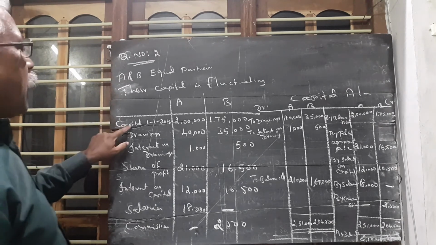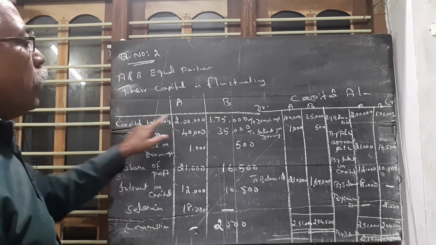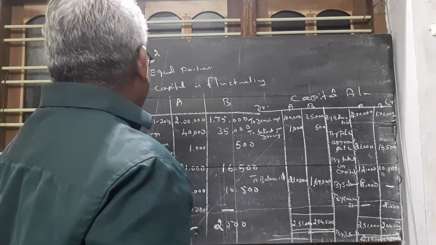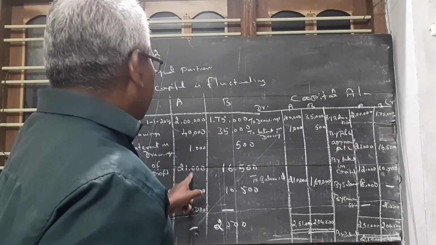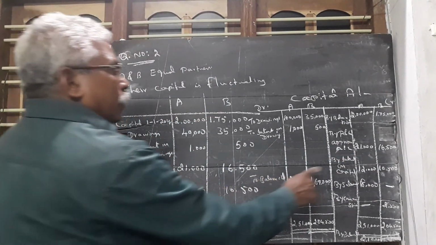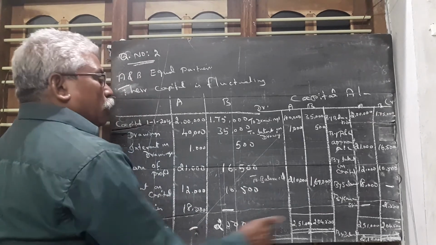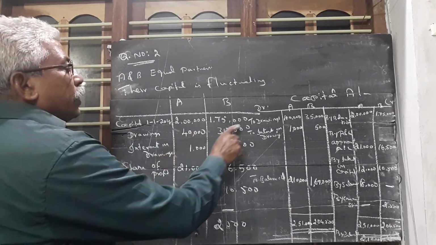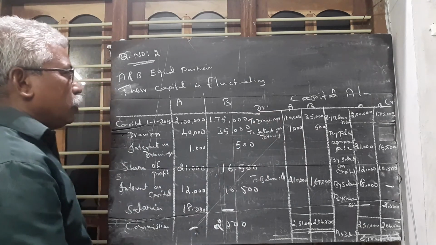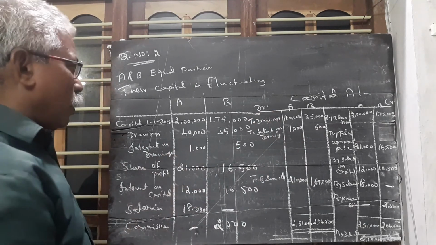In the capital account, first we write the capital by balance brought down. Then profit earned by the partners 21,000, 16,500, interest on capital, salary, commission. Then drawings and interest on drawing are entered in the debit side. This is the procedure for doing this problem.